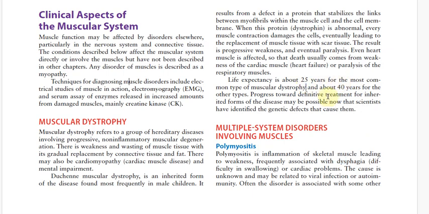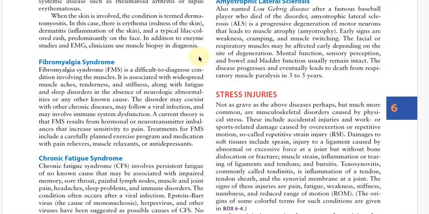They both mean difficulty or having a problem. Continue the section, get to fibromyalgia syndrome, which is a difficult to diagnose condition involving the muscles, mainly associated with widespread muscle aches, tenderness, and stiffness.